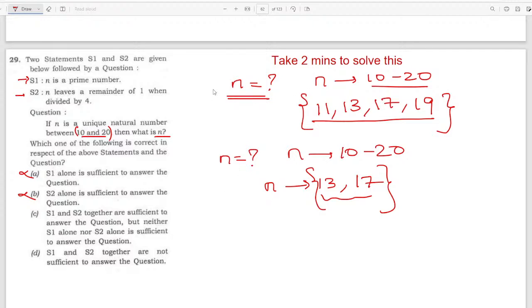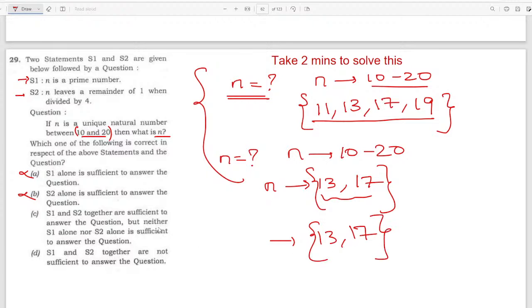Now when we combine statement 1 and statement 2, we have these 4 here, 11, 13, 17, 19, and 13 and 17. When we combine, the common elements are 13 and 17.